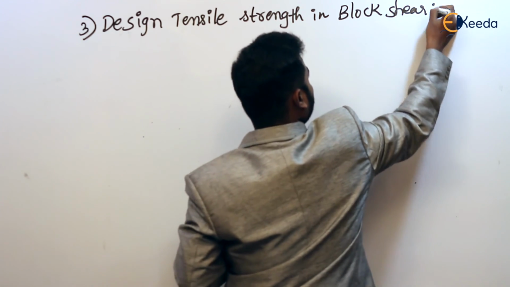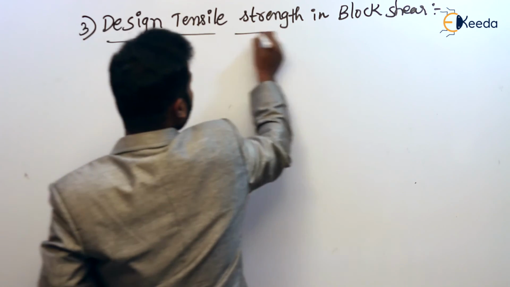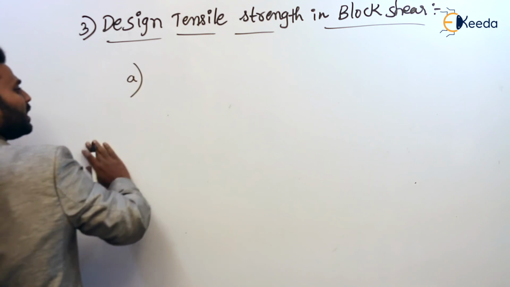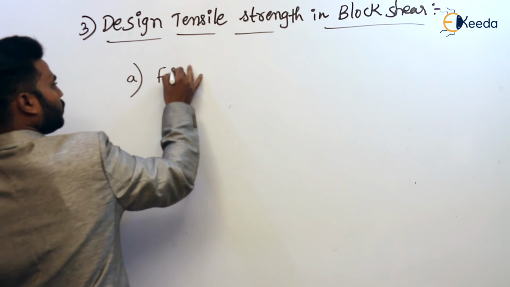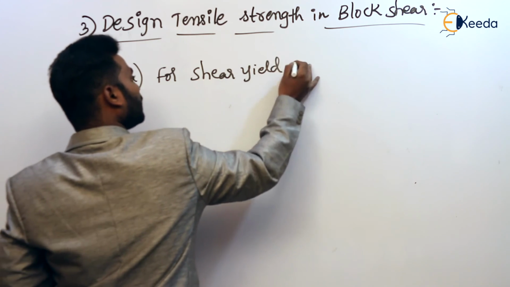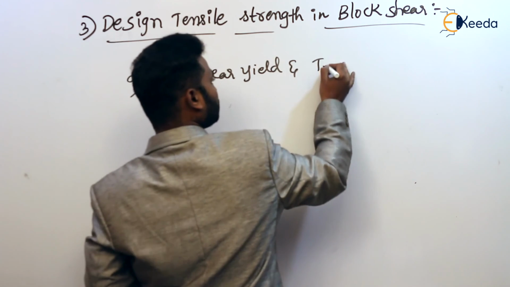Again here we are having two cases. First I will give you the formula, later I'll explain. First, shear yield and tension rupture.